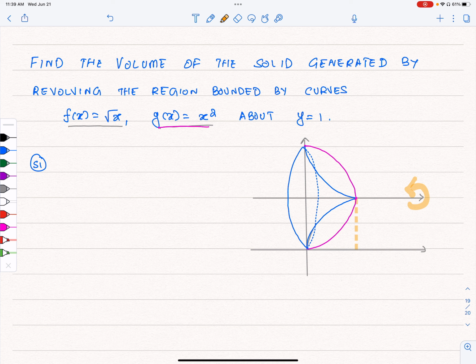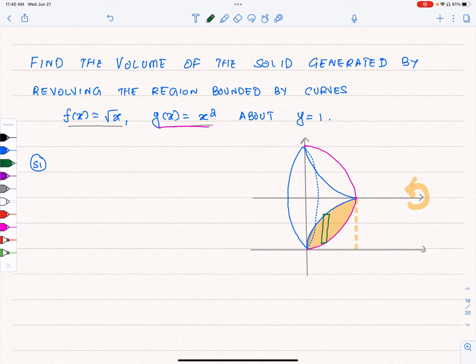So here's the generic piece that we are dealing with in the region. Let's take a generic piece off of this. It is going to be something like that, right?